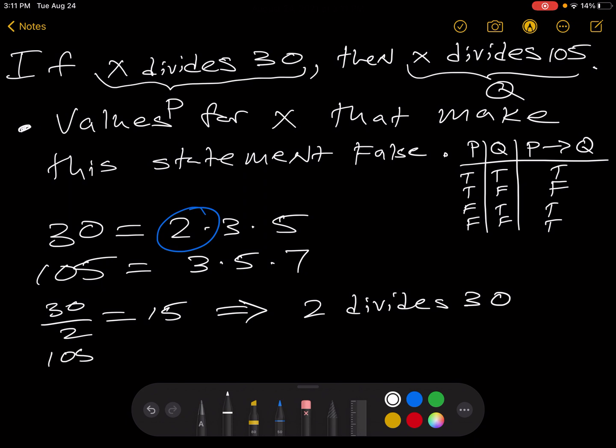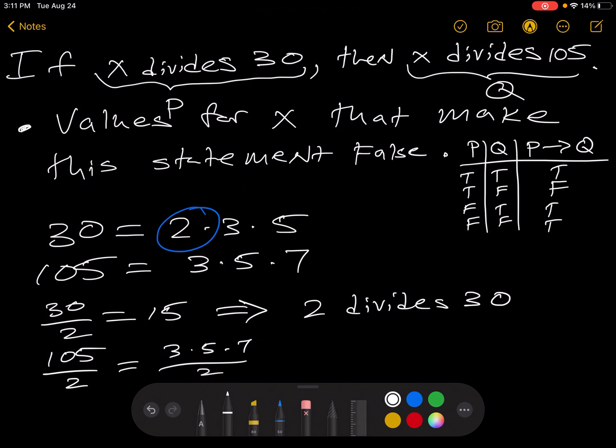Now, 105 over 2, this is not going to be an integer. This is essentially because 105 over 2 is 3 times 5 times 7 over 2, and 2 doesn't go into 3, 2 doesn't go into 5, 2 doesn't go into 7, a whole number amount of times.